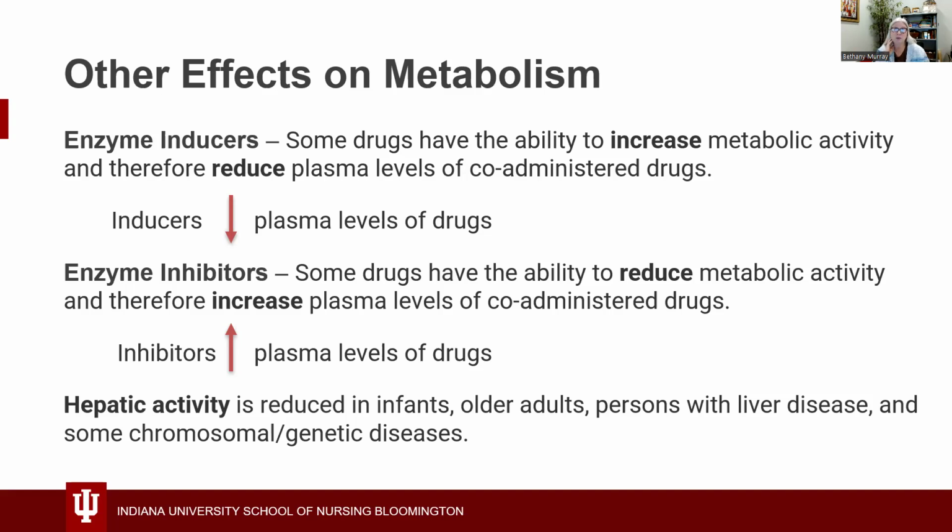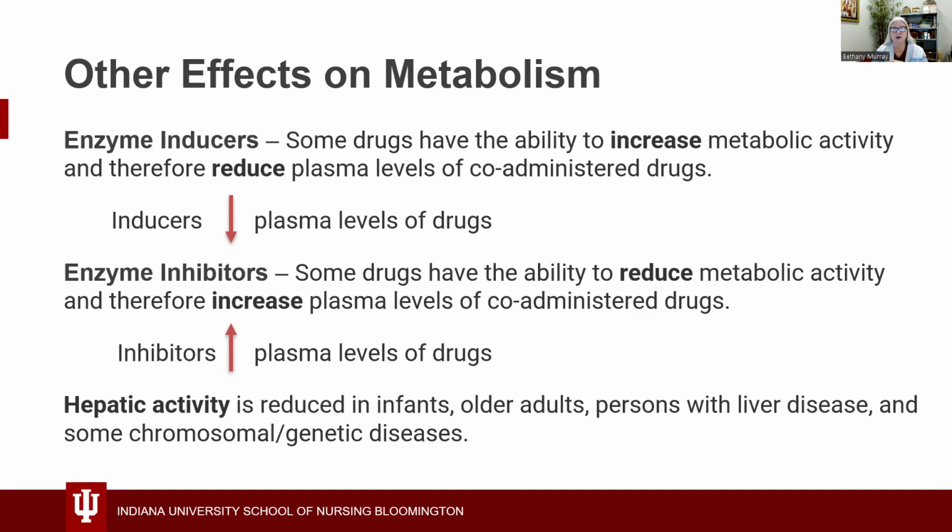And I say susceptible because it's not across the board that all drugs are affected. You have to know which pathways or which enzymes those drugs are metabolized by. And then you can choose to use a different medication that will not be induced and have a lower plasma level. The reverse is also true. Some drugs and foods can be enzyme inhibitors, so they will slow down that metabolic activity.